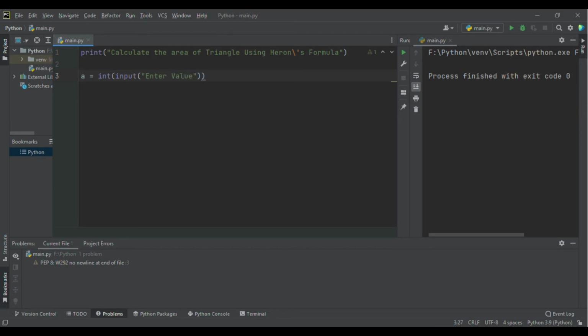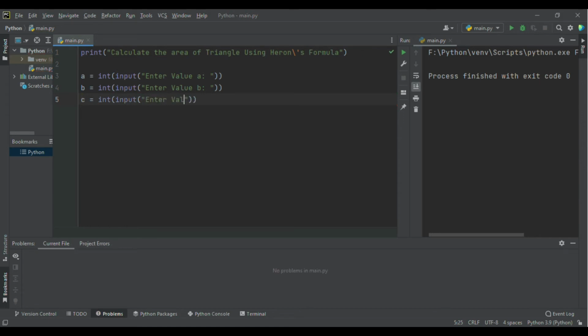Okay, and the second side the same: enter value b and then colon, and then c is equal to integer input, enter value c.